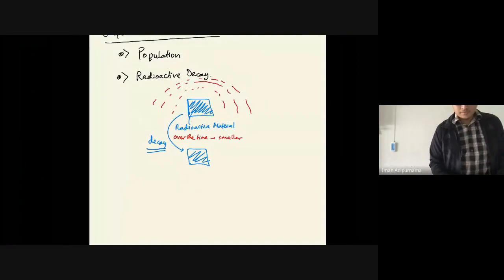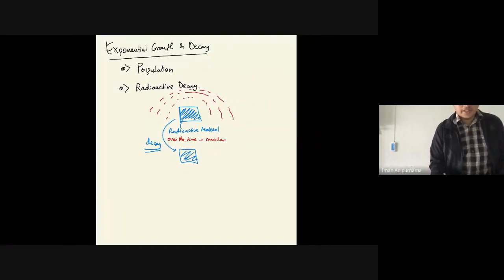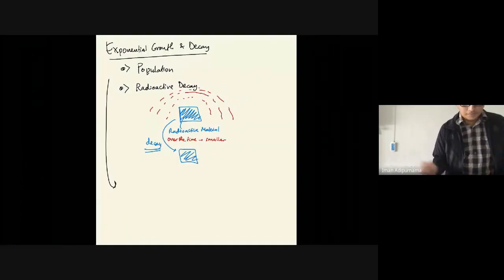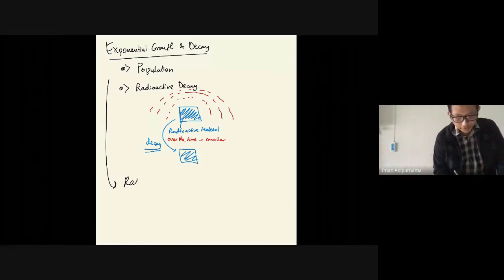So for growth or decay, let me write some notes here. The rate of change is proportional to the quantity.